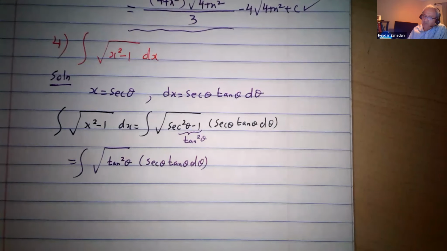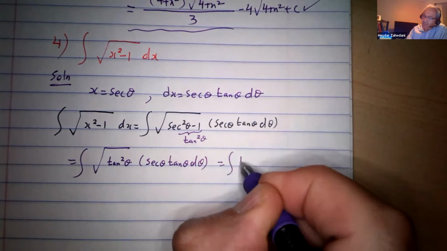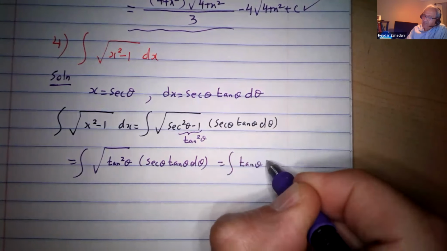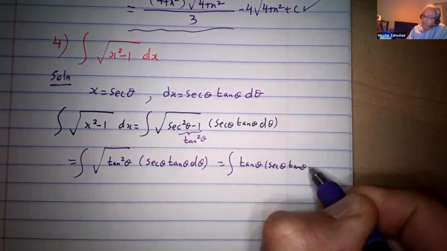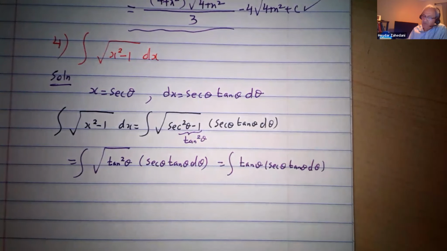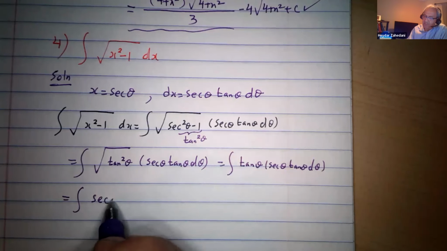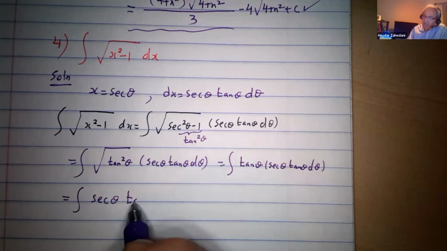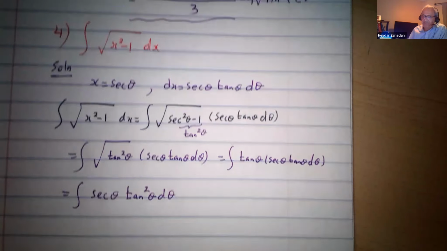Again, that square root is positive because the tangent is positive, so that gives you the integral of tangent secant tangent d theta. Now the tangent times tangent would be tangent squared. So you get secant times tangent squared of theta, d theta.